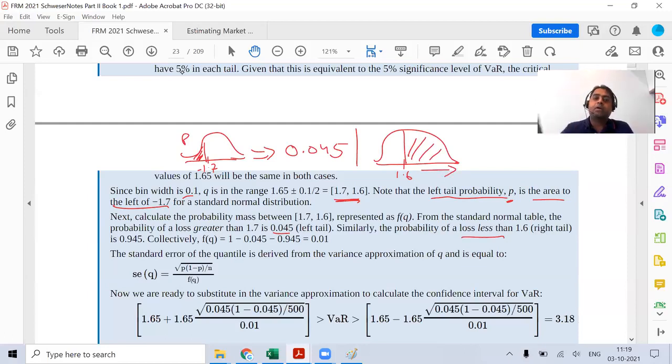Less than means on the right hand side. So they have got this value of 0.945. If I take 1 minus A minus B, I will get this 0.01. This is the gap or the probability between that bin, and that is nothing but your FQ or the density of that area.